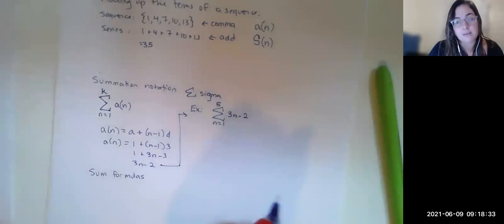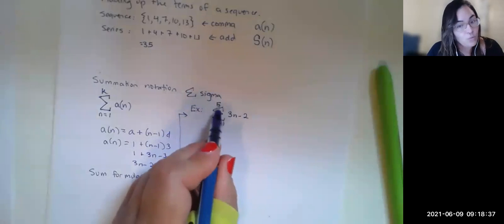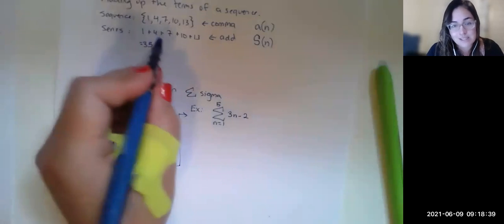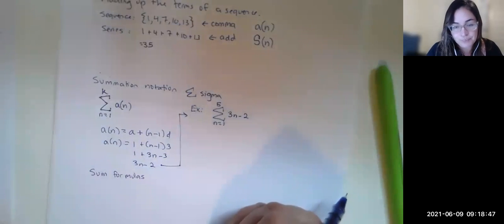So from 1 to 5 of the sequence 3n minus 2. That's what summation notation is. It's saying take the sum from 1 to wherever you stop. In this case, it's 5 because we have 5 terms of the sequence, which in this case has the formula 3n minus 2.